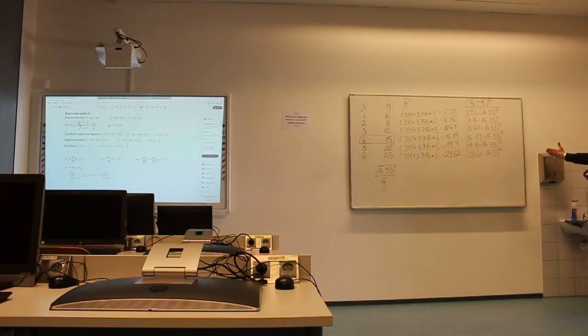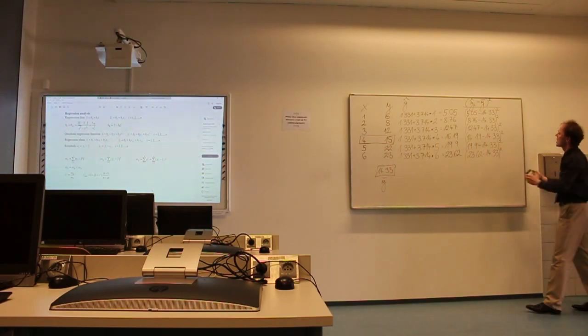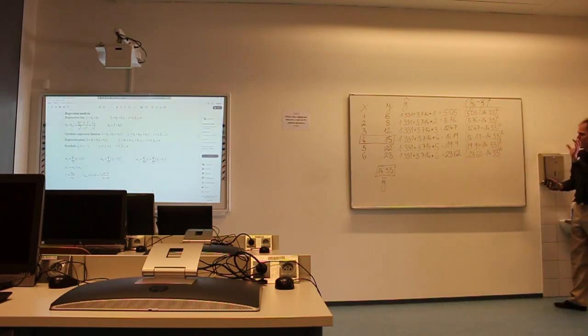Okay, 6 partial results, yes, and the summation will be regression sum of squares.